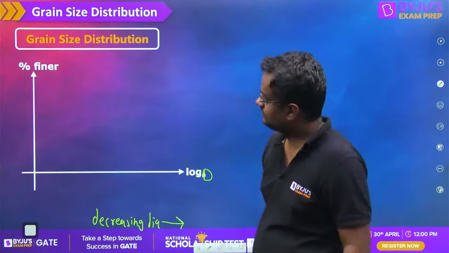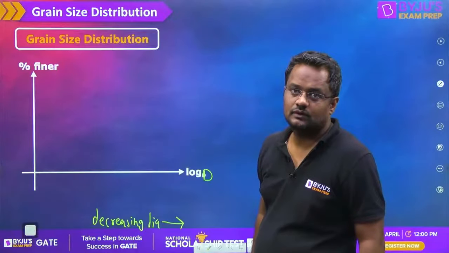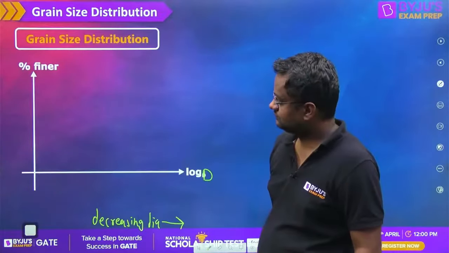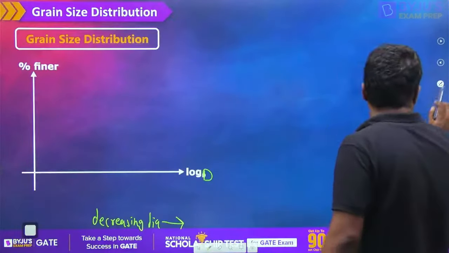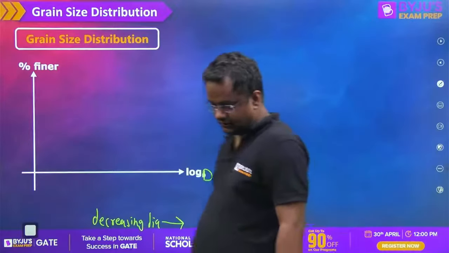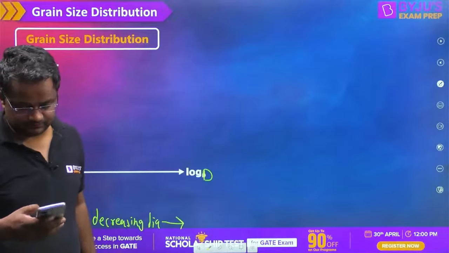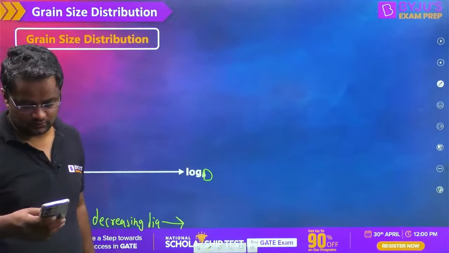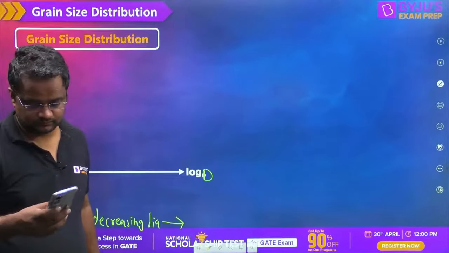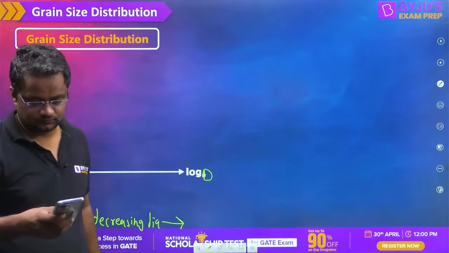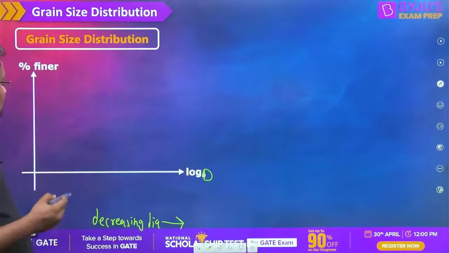Now, please see this, everyone. If I draw this percentage finer and log diameter, then this is decreasing.